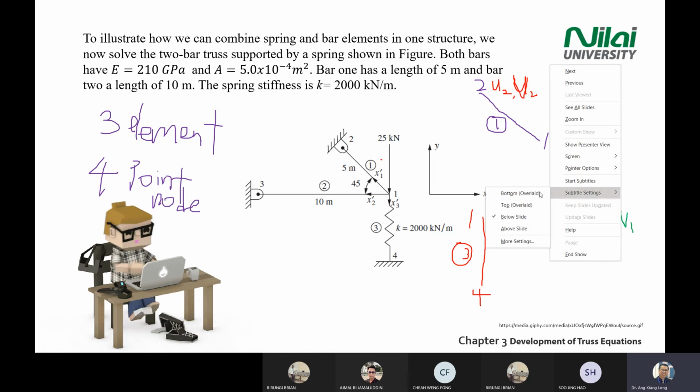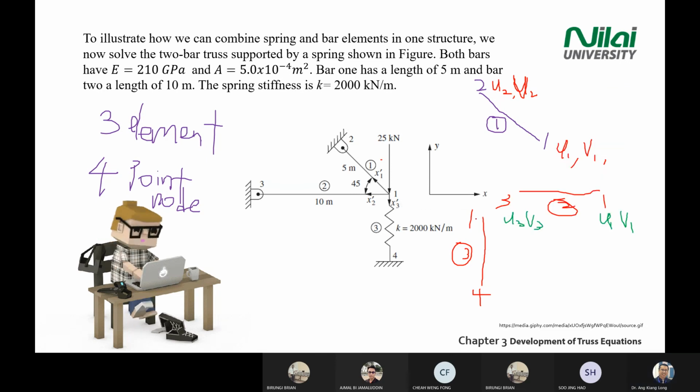Point 1 can move to the left and on top of that one. So point 1 for element 3 will give you u1, v1. Point 4 will give you u4 and v4. So element 3 also has 4 possible movements.